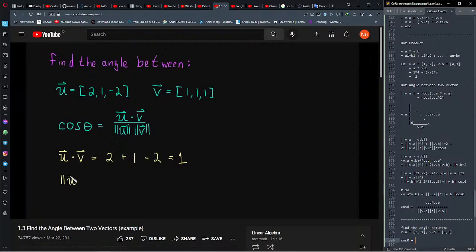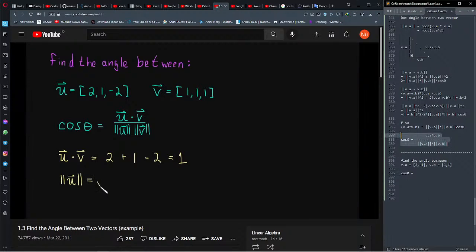So the length of u is equal to the square root of 2 squared plus 1 squared plus negative 2 squared. So 2 squared is 4, plus 1 squared is 1, plus negative 2 squared is 4, so plus 4.